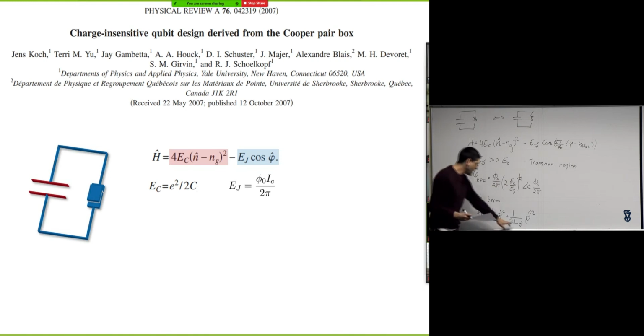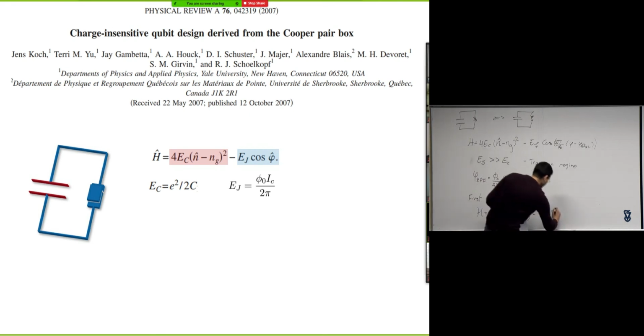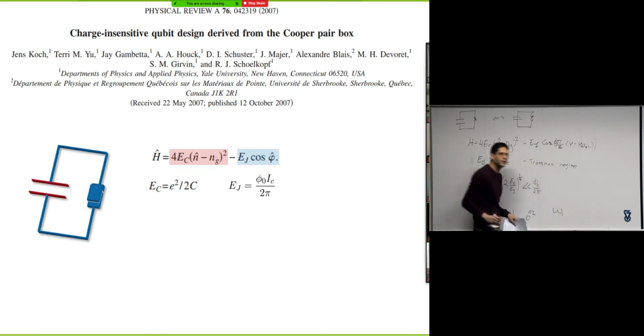I just wrote it as LJ instead of EJ to make it really look like a harmonic oscillator. And from here, it's pretty easy to extract the resonance frequency of this harmonic oscillator.